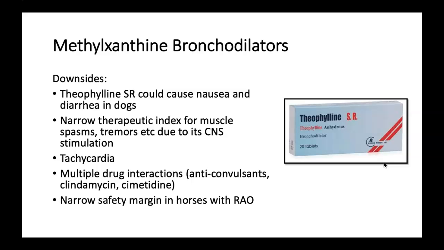It does cause a transient tachycardia. And theophylline has multiple drug interactions. It interacts with anticonvulsants, with clindamycin, and cimetidine as well. In general, it has a narrow safety margin in horses with recurrent airway obstruction as well. So it's one of those drugs that it's used if needed, but ideally we try to avoid it because of all of its unfortunate side effects.